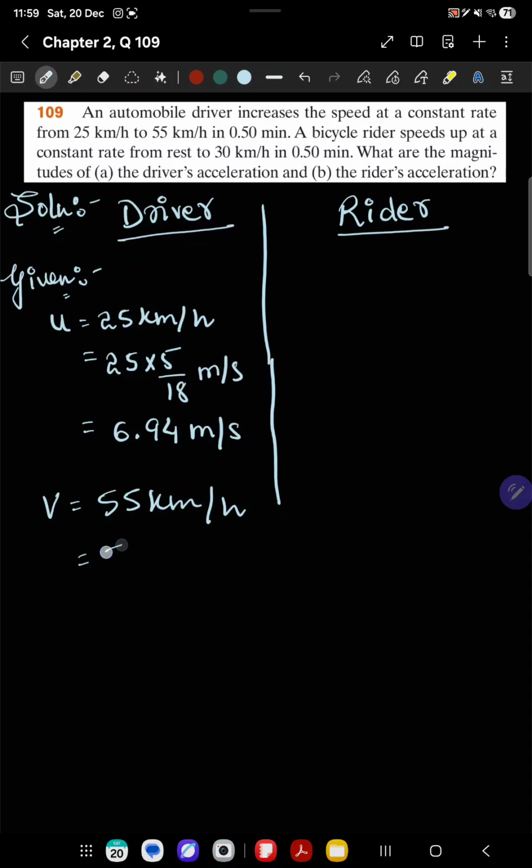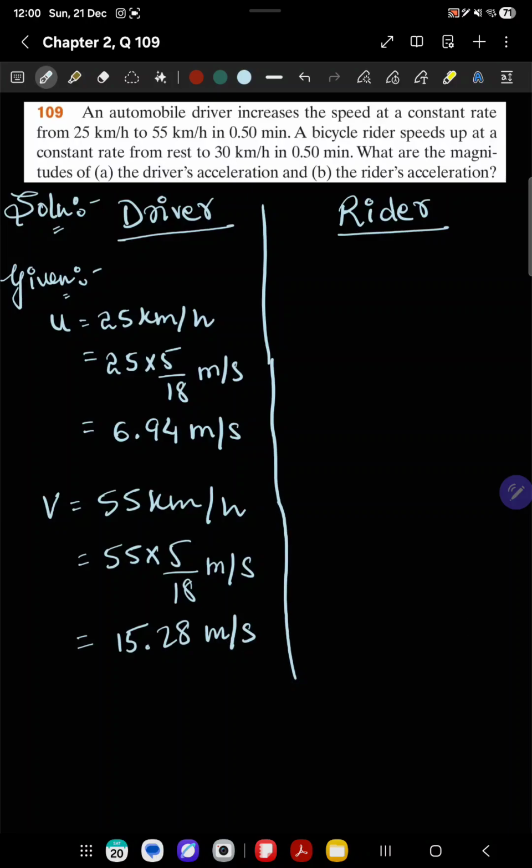We can again convert it in meter per second, which will give us a value of 15.28 meter per second.